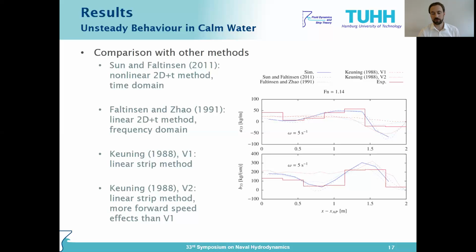And as can be seen on the plots, it agrees better with the experimental results than version 1 does, especially in the bow area, when we look at the added mass distribution.